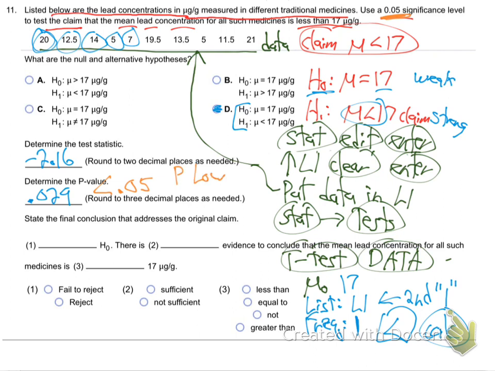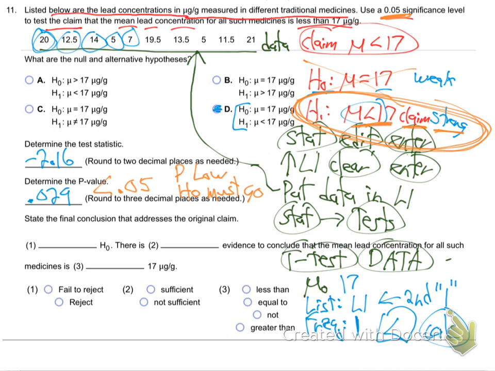The p is low. So H0 must go. So cross off H0, keep H1. That's our conclusion, is H1, which means we have strong evidence, we believe the claim, the average is less than 17.